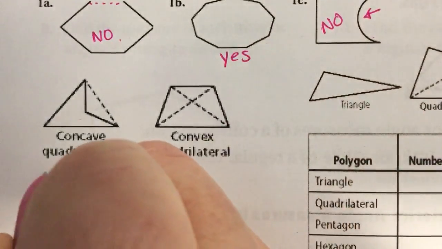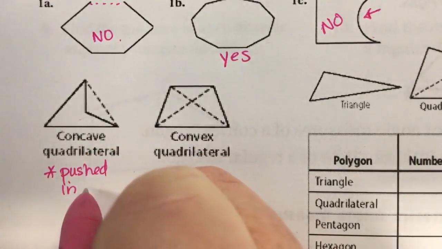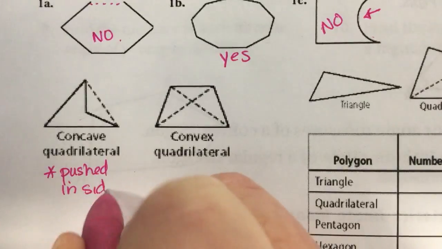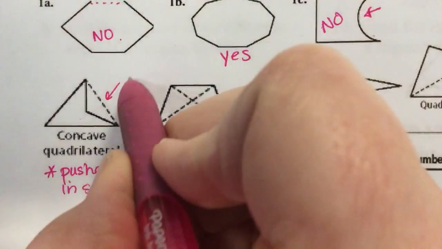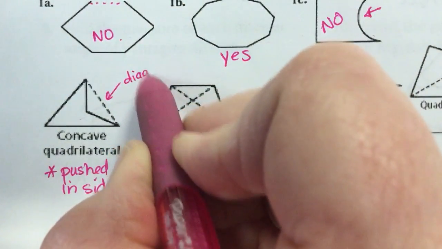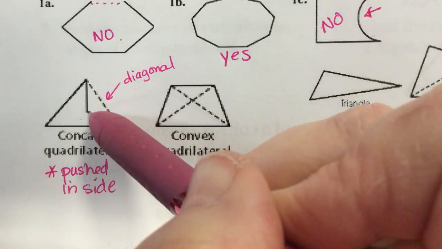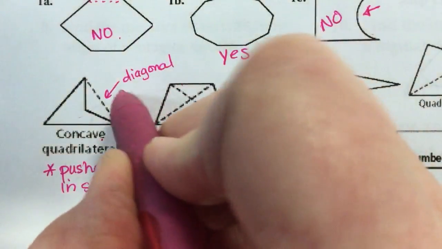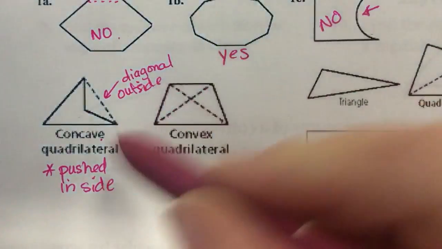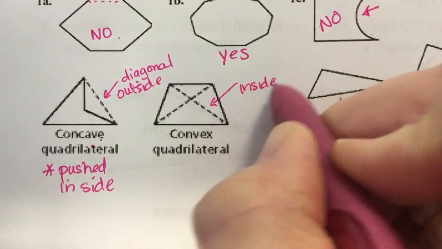So concave is a pushed in side. The other way to think about that is this is my diagonal, and if my diagonal is on the outside of the shape, then it becomes concave. But here, all of my diagonals are on the inside. So diagonals will be on the outside of a concave. All of my diagonals will be on the inside.